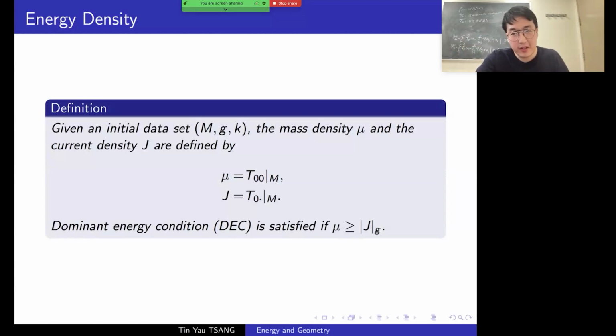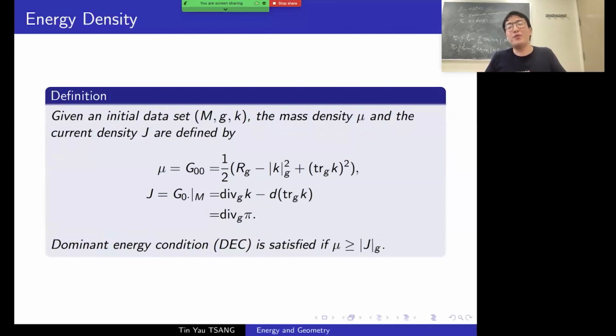It turns out, luckily, no, because we have the Gauss equation and the Codazzi equation, so we can express them completely in terms of M, g, and k itself. So this is the formula: mu is the scalar curvature with some terms of the extrinsic curvature k, and J is the divergence of pi. That's why pi is defined this way, for notational simplicity.